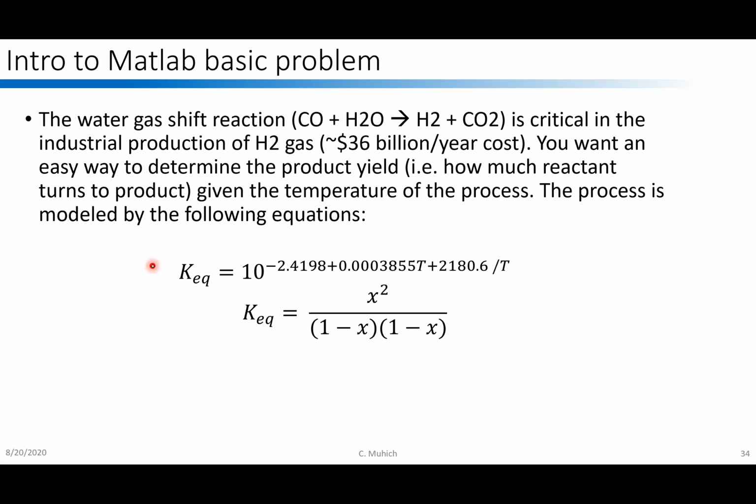And if you remember from general chemistry, we can relate the equilibrium constant to our conversion extent for this binary reaction as the following, where K_eq is equal to our reaction yield, here's the variable x, over 1 minus x times the quantity 1 minus x.